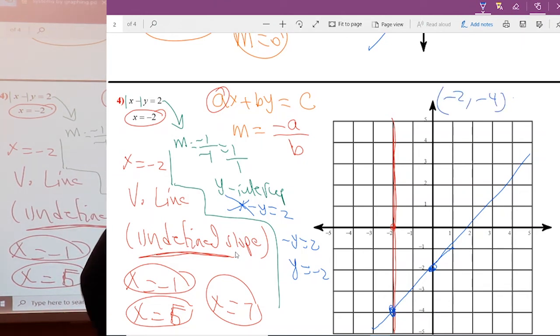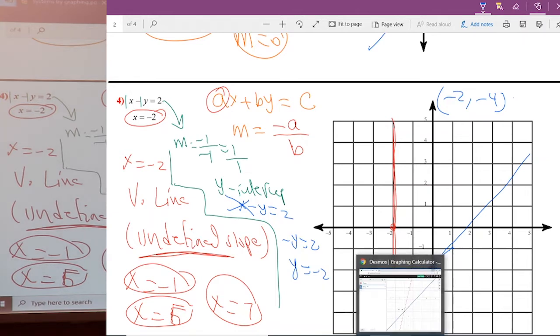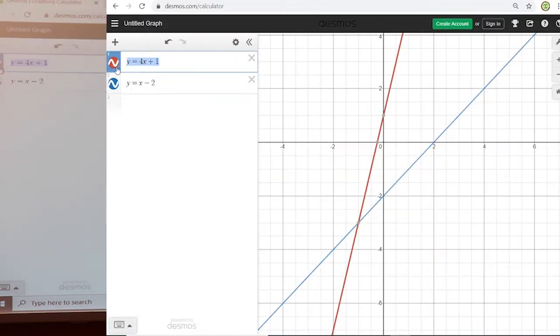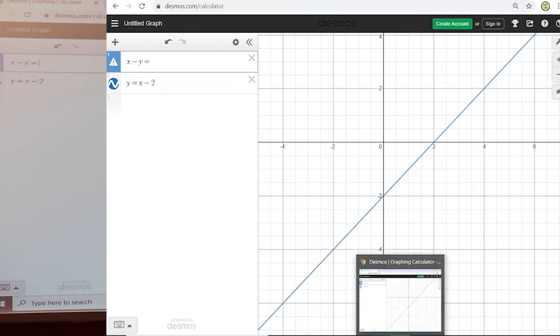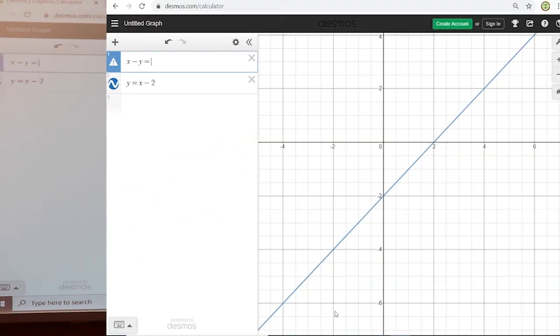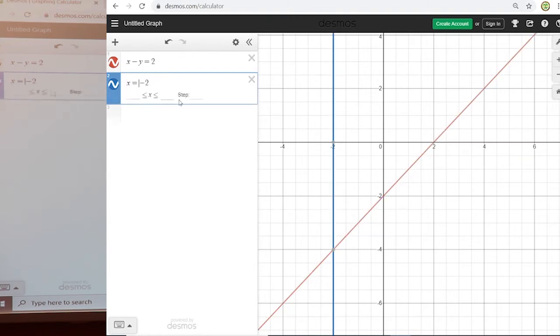I'm going to show you just this one. x minus y equals... and x equals negative 2.